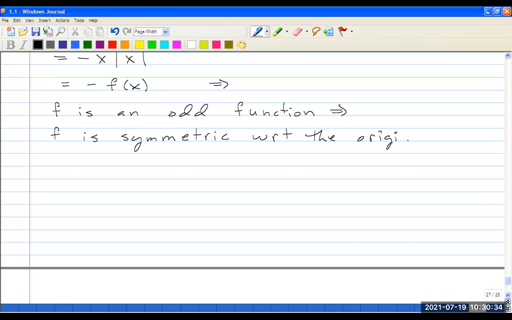Okay, and so I'll draw x squared, but I'm going to draw it below the x-axis.